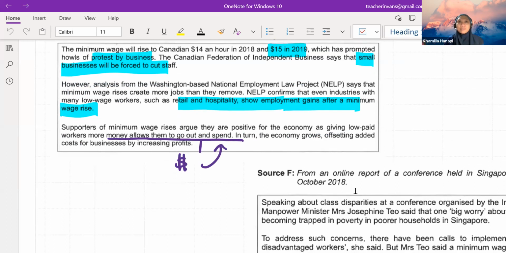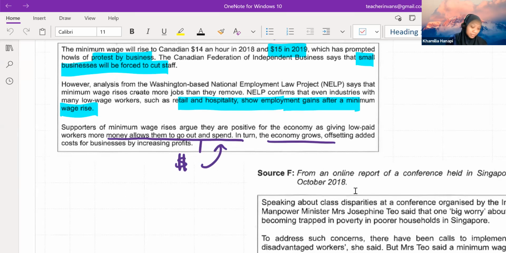That $1 means that maybe a whole month it could be an extra 500, or an extra 200. So I get to spend a little bit more. By spending a little bit more, it leads to economic growth. Agree? Now, source E is pro towards having a law that ensures that employers pay minimum wage.